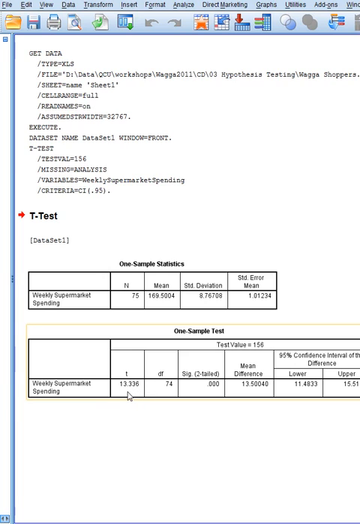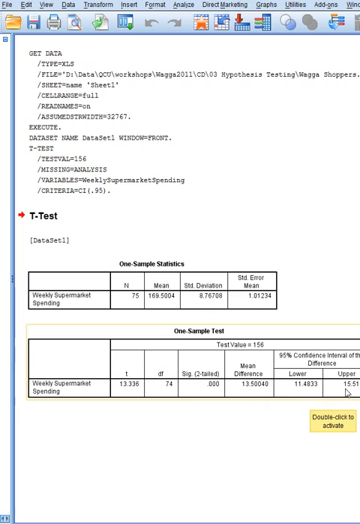Based on the fact that we're 13 standard deviations away from the mean, the p-value is less than 0.001. Whenever you see 0.000, this means it's really small, but it doesn't mean that it's exactly 0. So you should always report this as less than 0.001. I've talked about the mean difference.